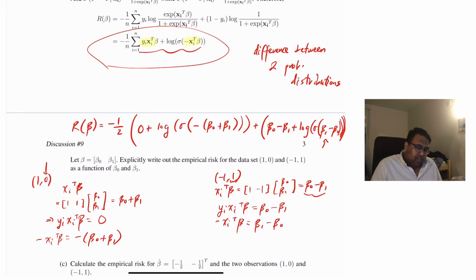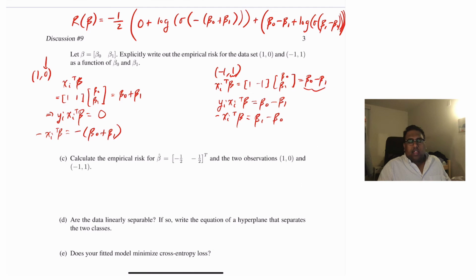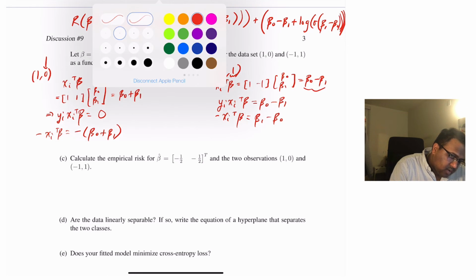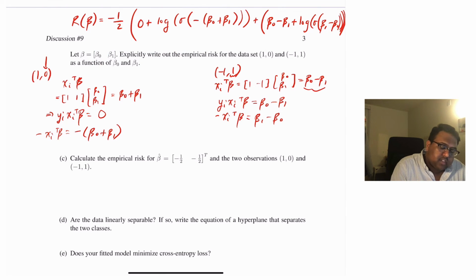Now it's just a matter of how we're going to simplify all of this. The simplification we'll actually do now in part C, when we plug in beta naught is negative 1/2 and beta 1 is negative 1/2. To do some simplifications though, we notice we have a log of a sigmoid of something, and so we can rewrite that.